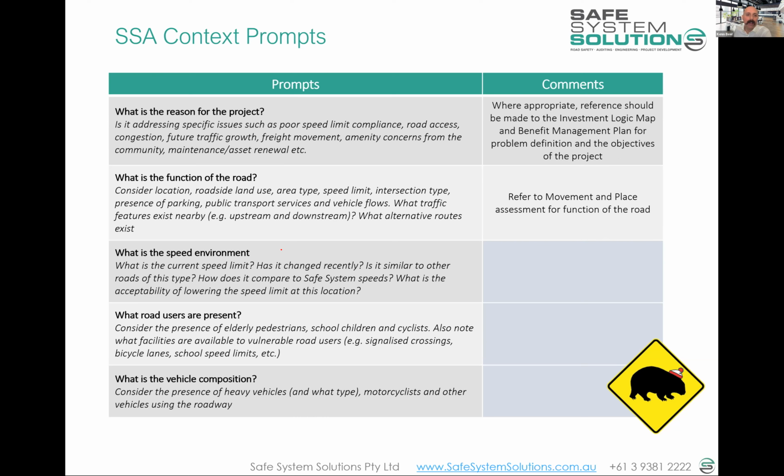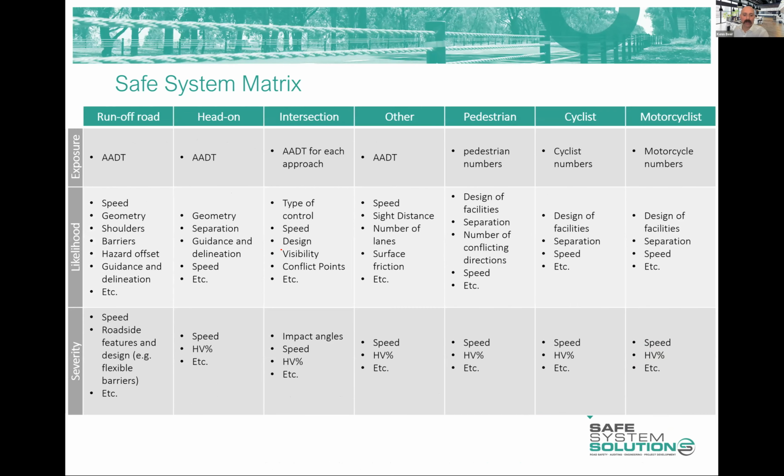And then after you've gathered all of that, we start to jump into undertaking the actual assessment itself. So the first thing we do in an assessment is we analyze the existing conditions.